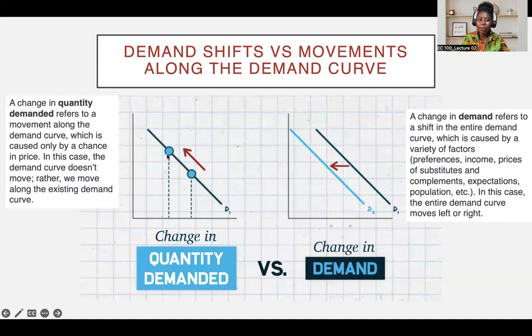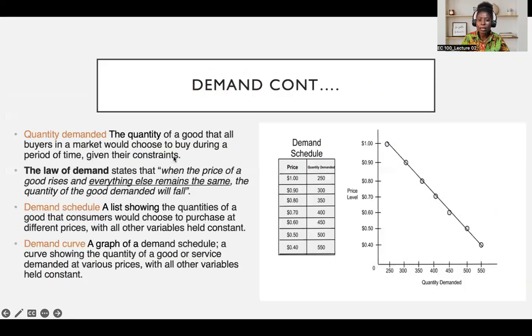It's what happens to quantity demanded when price changes, other factors being constant. Let's say you were here. What happens when price increases? It's going to be a bit more expensive for this product, so people will reduce consumption.